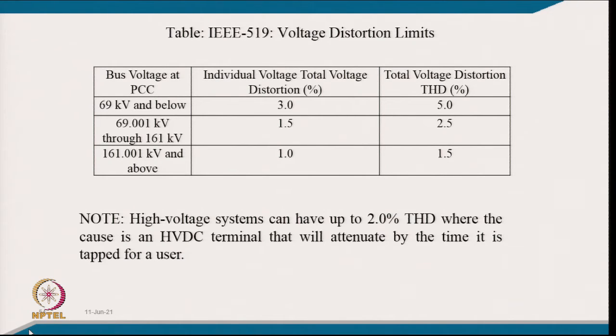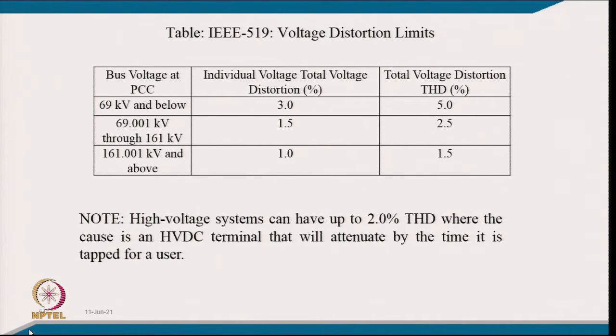This is an interesting table corresponding to the voltage distortion limit, and this also indirectly guides the previous table. Here the bus voltage at the point of common coupling, if it is 69 kV or below, the individual voltage harmonic is not permitted more than 3%, and total voltage distortion not more than 5%.